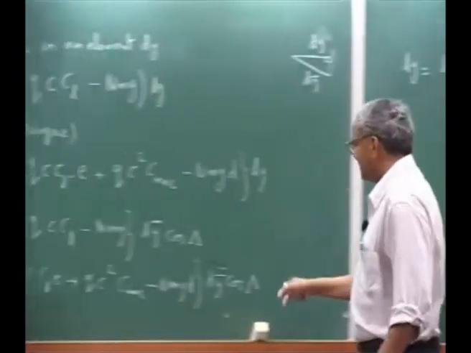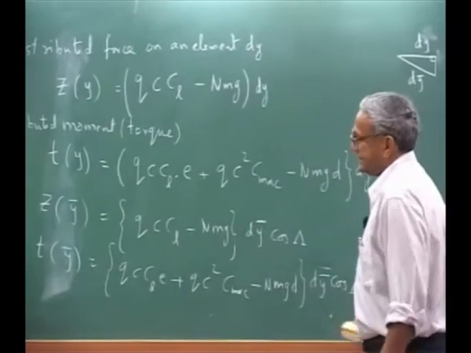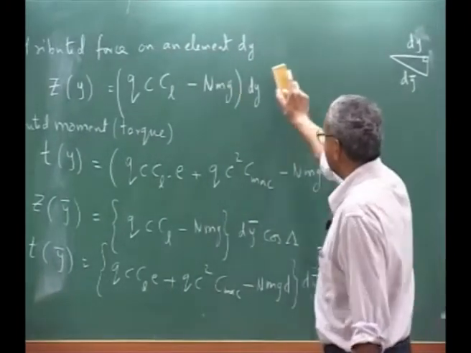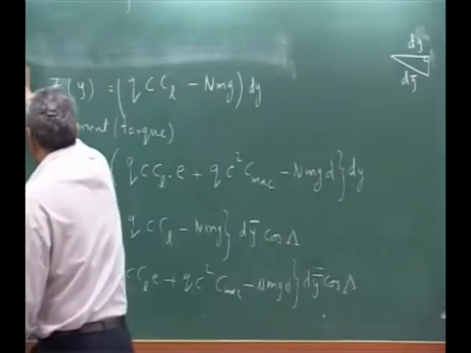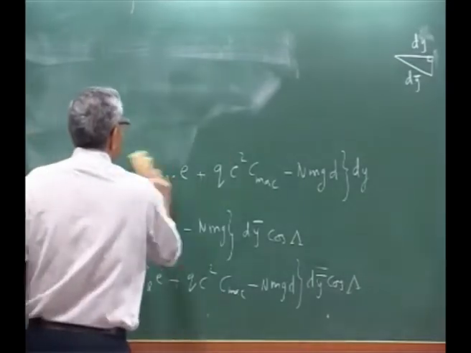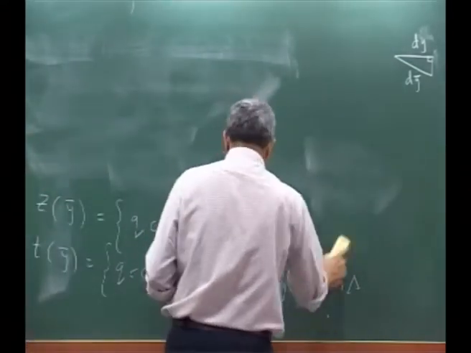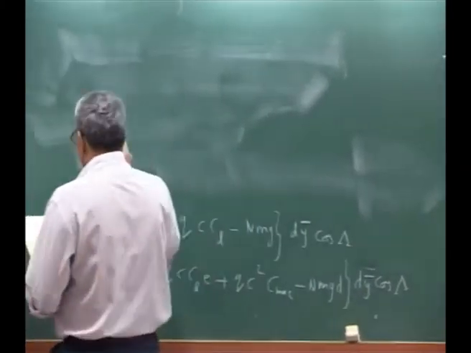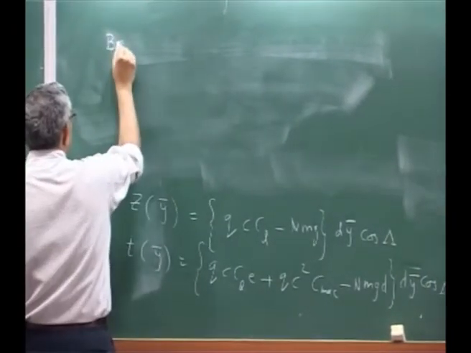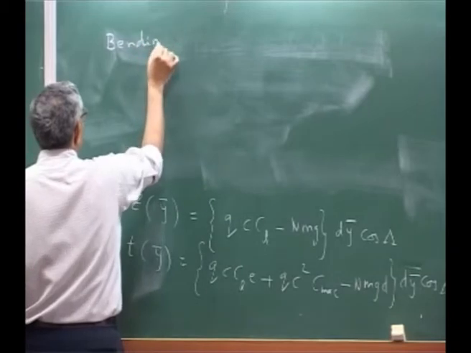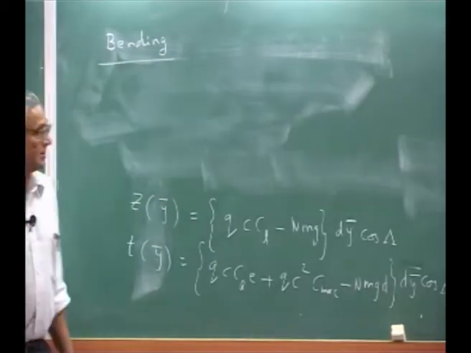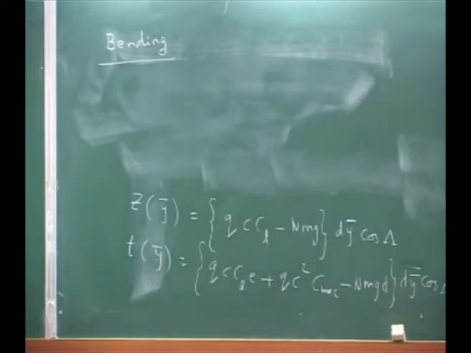equation. So what I will do is, I erase here. I will write the two equations. The bending equation, first we will derive the bending equation. The bending equation is what?